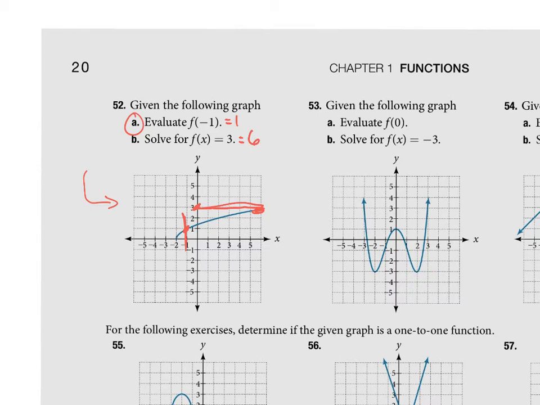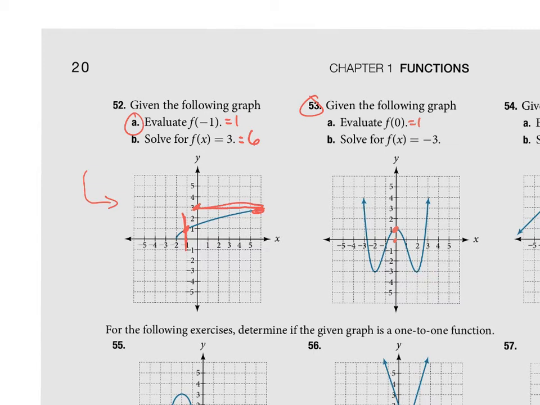There may be more than one answer for some of these problems. For example, in number 53, there should only be one answer for f of 0 because this is a function. And that is true. If I go to 0 on the x-axis, the only y value that I have associated with 0 is 1.